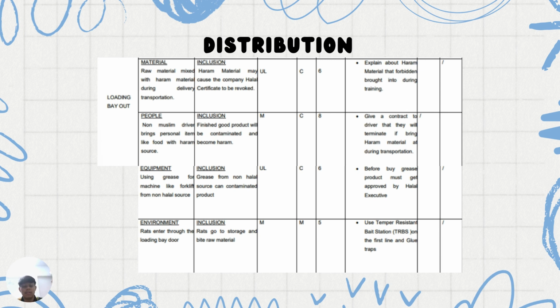The control measure is to use tamper resistant bait stations, which is TRBS, on the first line and the second line of the company, and lastly, use glue traps to prevent the rats from getting into our factory. And HACCP is a no.